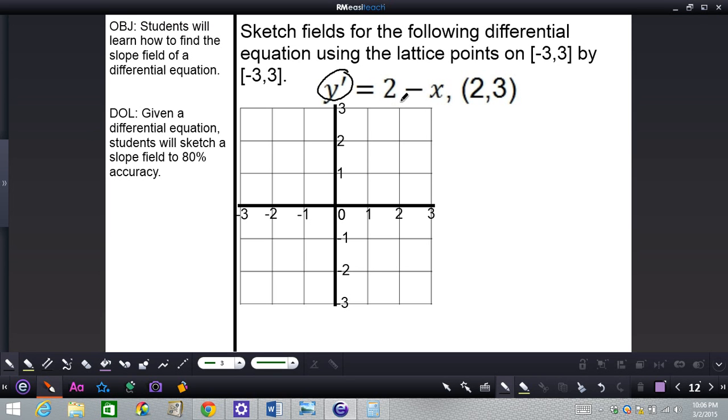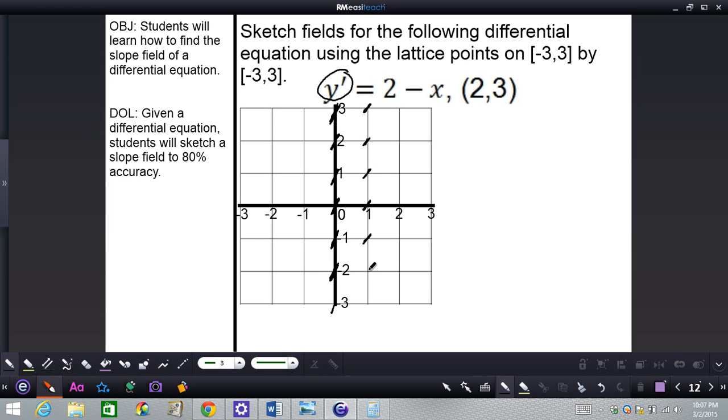The x value stays the same all the way up, so I'm just going to go through and put all of my hash marks in right away. At 1, 2 minus 1 is 1, so I'm going to put that hash mark in. Okay, 2 minus 2 is 0.